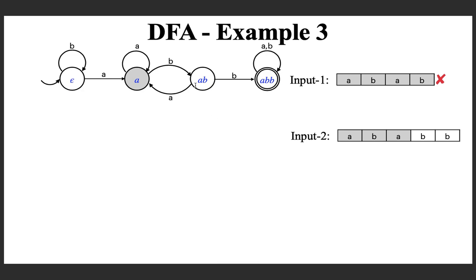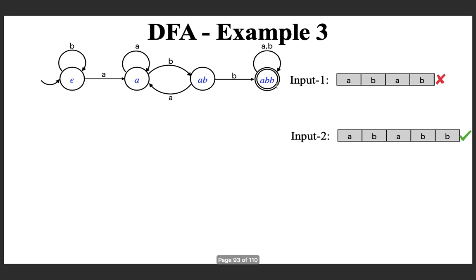Next is B, you are coming to this state again, and finally the last symbol is taking you to the final state. And here you entered your processing in a final state, and hence by definition you are accepting it.